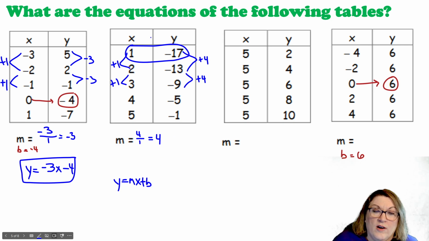I do have an m. That m is 4, and I have a point, which is an x, y. So I'm just going to plug those numbers in, substituting the y with the negative 17. That's my y in this point. And then I'm going to substitute the m with the 4, multiplied times the x, which is a 1, plus b. 4 times 1 is 4.